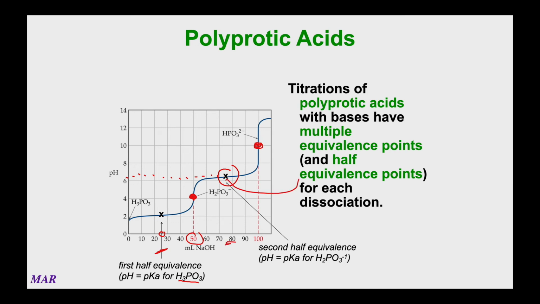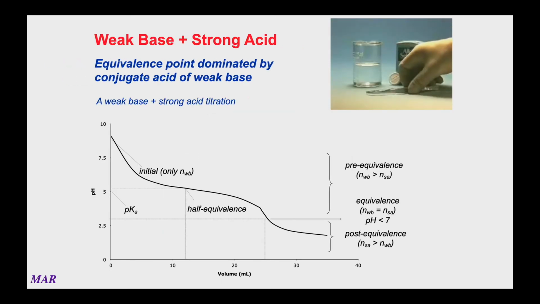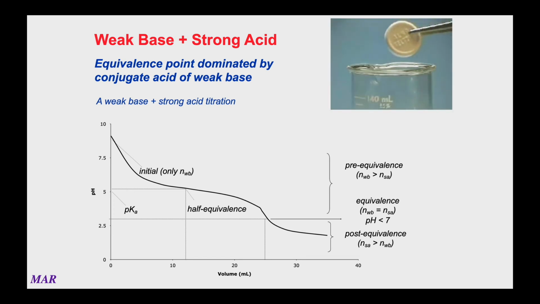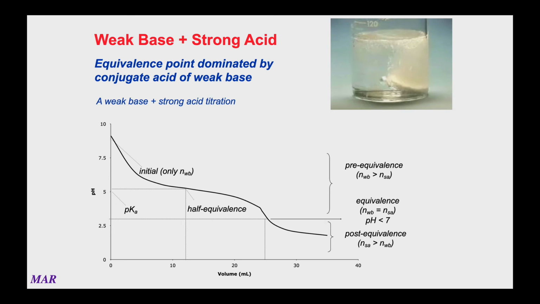Well, another 50 milliliters over here, that would be approximately where pKa3 was. In this graph, they didn't go that far. Usually it's very difficult to find the third one, but you could at least make a guess as to what it was going to be. Pretty cool.